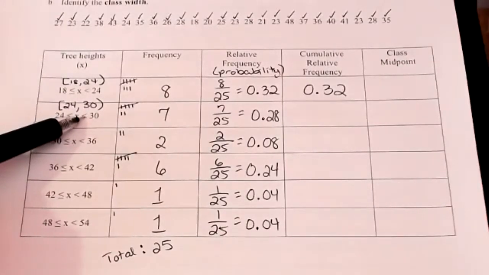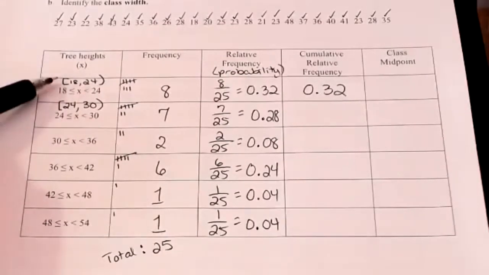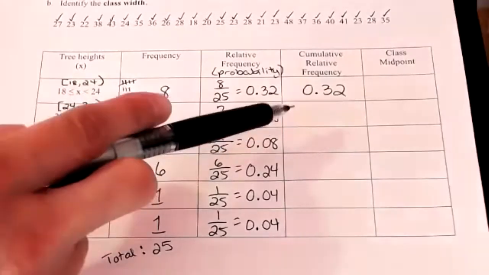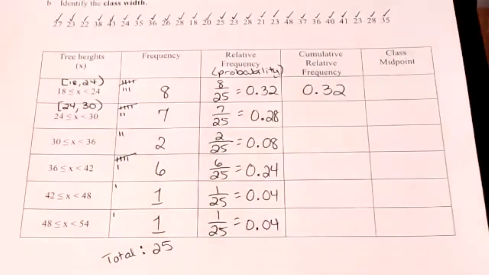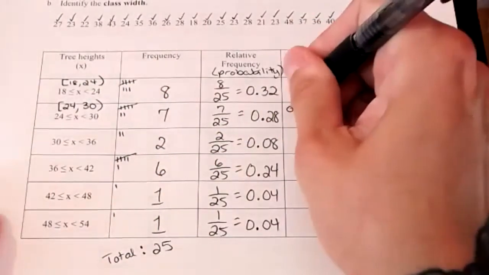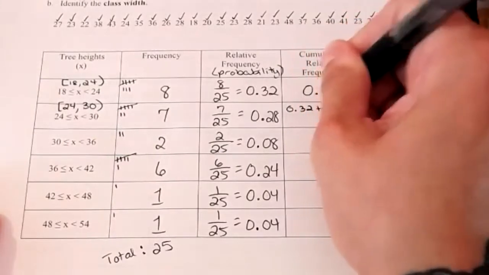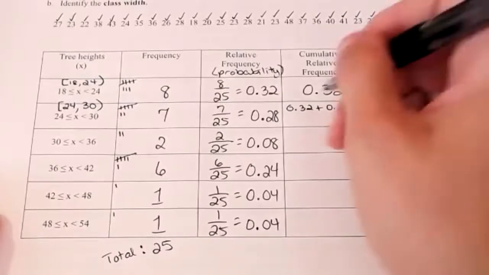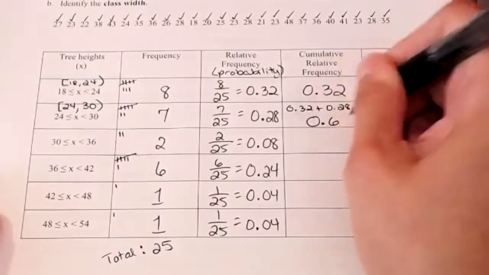Accumulate, right? You're now looking at two classes and you're combining these probabilities to get cumulative relative frequency. So for this one, you're just going to take the 0.32 and add the 0.28. When you combine those, you should get 0.60.